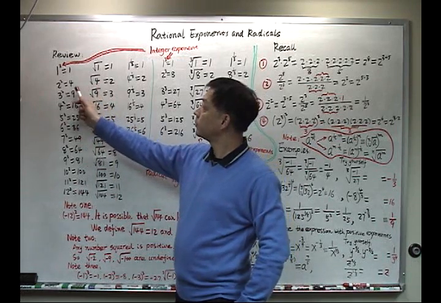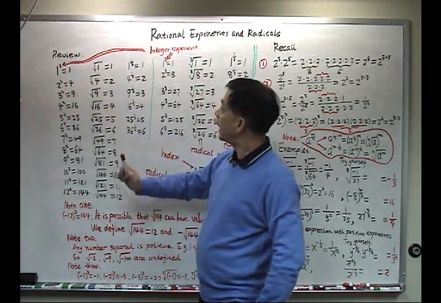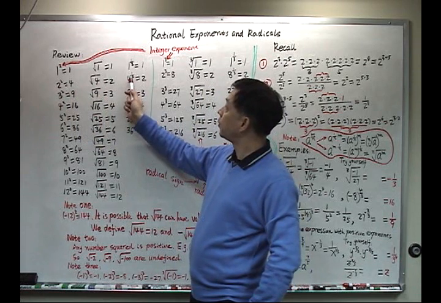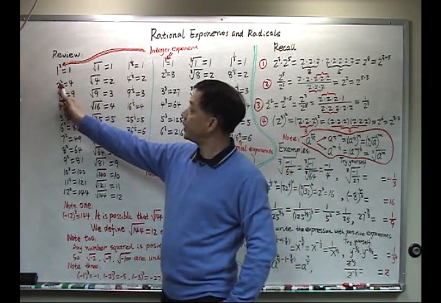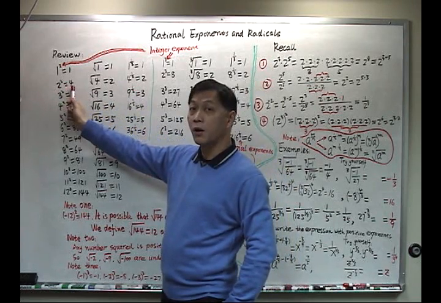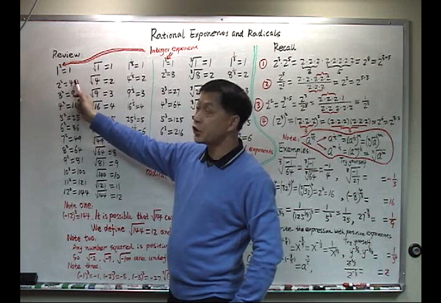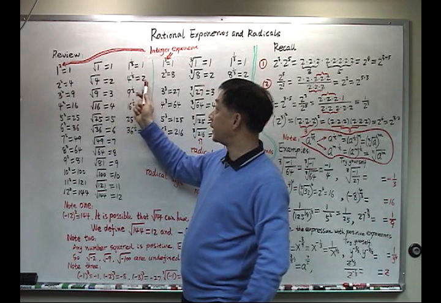Radical 4, from 4 to find out 2. Another way is to write 4 to the 1/2 is 2, because 2 squared is 4. So if you put 1/2 on the shoulder of 4, that's another way to find 2.